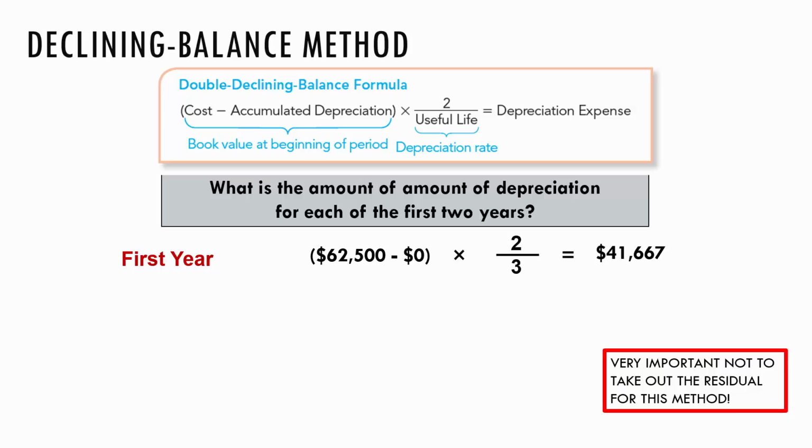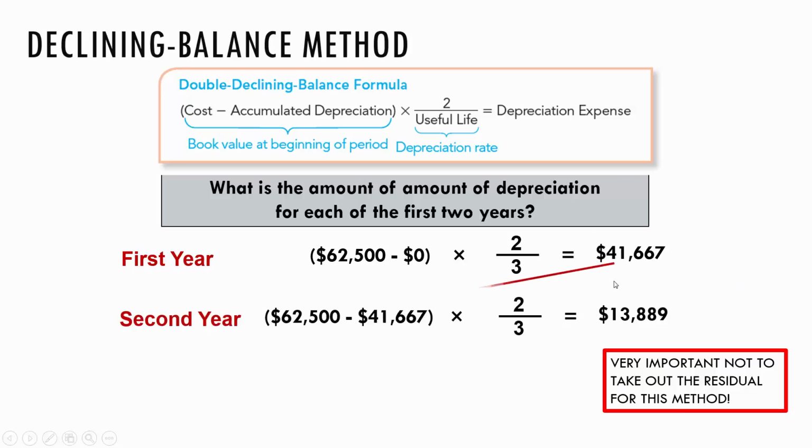And when you come up with this particular method, the double declining balance, because the residual is not removed when you do this first calculation, the book value, oftentimes this number will not be a precise number. It is not precise dollars. So the rounding issue you may find in Connect. The second year, you're going to put in here the accumulated depreciation. For the second year, accumulated depreciation is the same as depreciation expense, right?